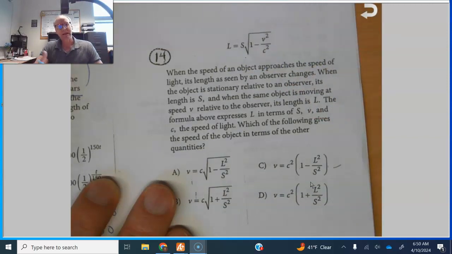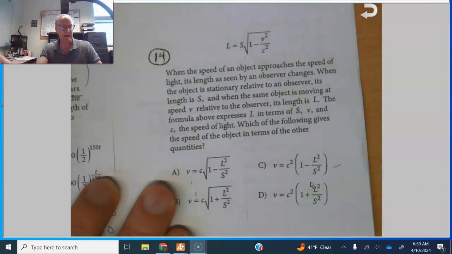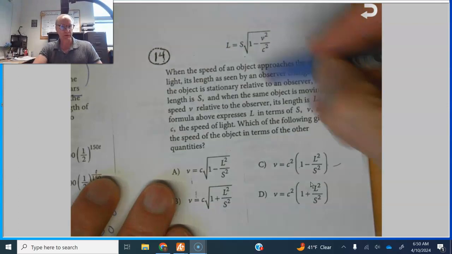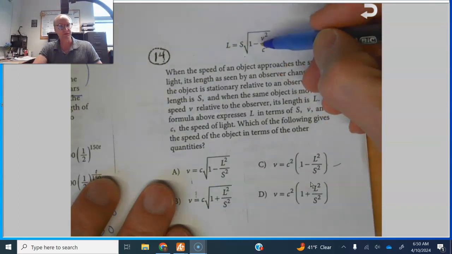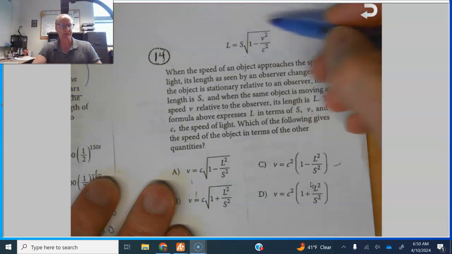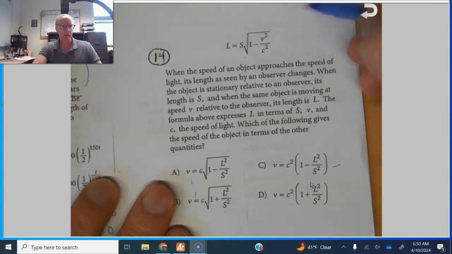It's kind of like the Doppler effect: when a train or a bus goes past you, you notice that the frequency changes. When the car comes by, it starts out really high pitched as it's coming towards you, and then it changes. Well, this one changes the length, and it has to do with the theory that as an object approaches the speed of light, it looks longer and longer.